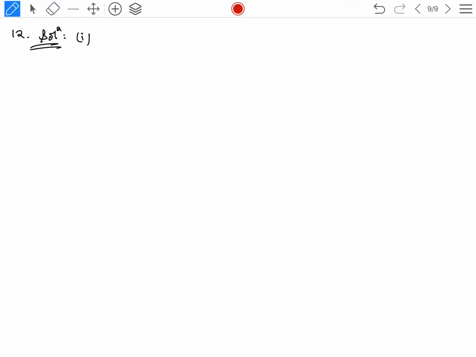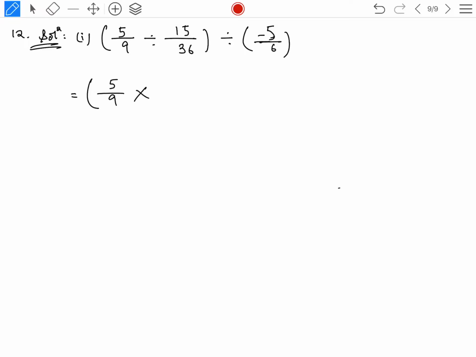Now look at question number 12, that is evaluate. The first one I will do, second one is for you. It is given 5 by 9 divided by 15 by 36, divided by minus 5 by 6. Understood? So this one we need to solve step by step.